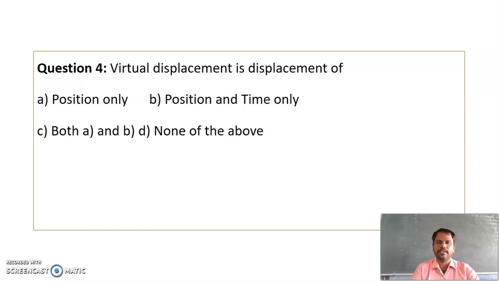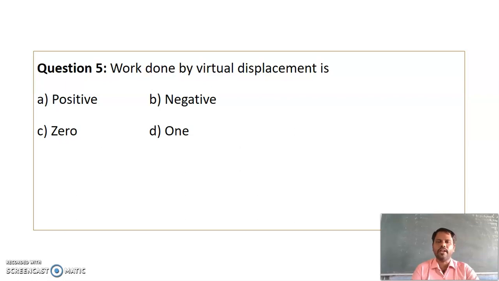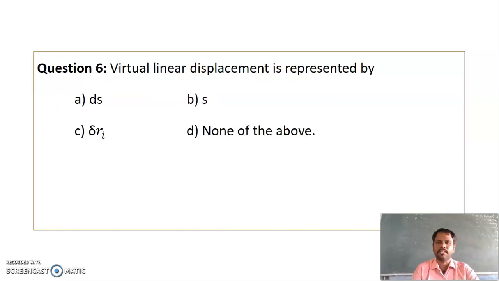Virtual displacement is the displacement of only position and does not involve time. Question number 5. Work done by the virtual displacement is always 0. Question number 6. Virtual linear displacement is represented by delta Ri.